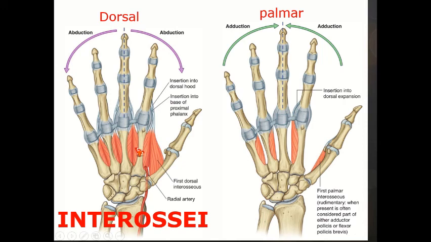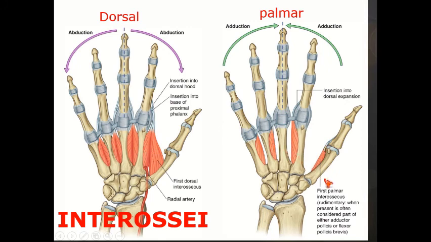The third arises from the adjacent sides of the third and fourth metacarpals, whereas the fourth arises from the radial and ulnar sides of the fourth and fifth metacarpal bones. These are the dorsal interossei.